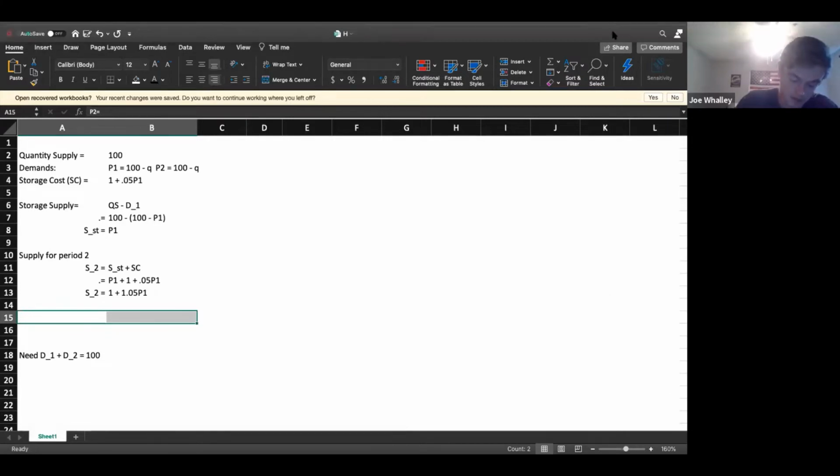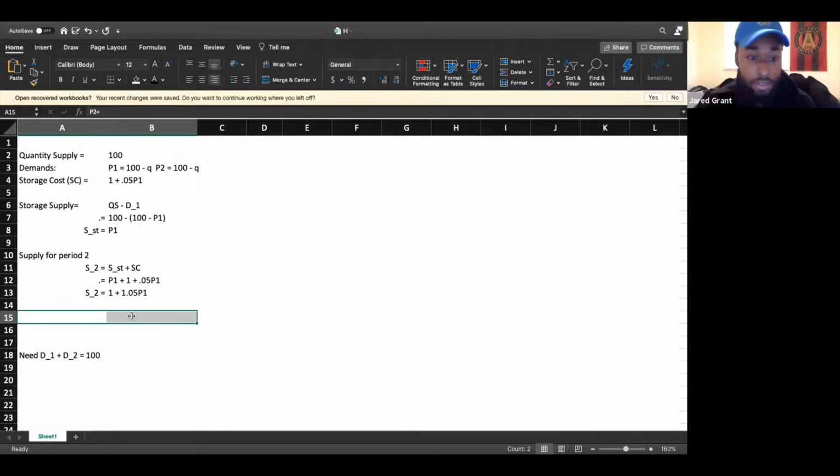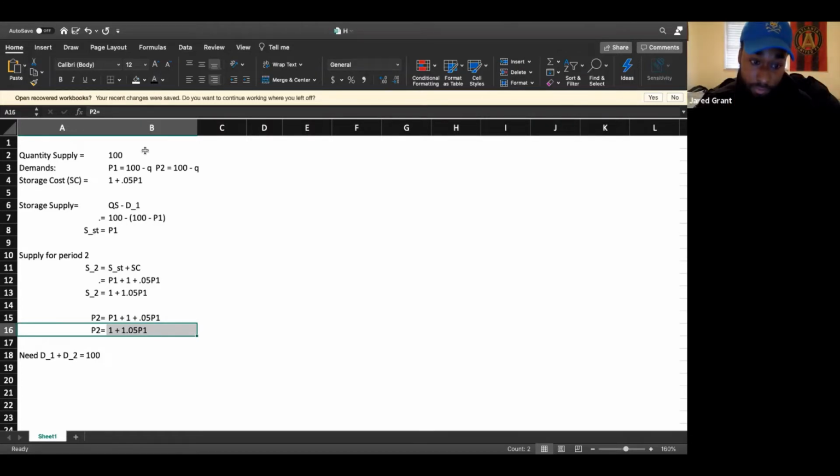Okay, I think I'm seeing some head nods. All right. So yeah, it's just P1 plus 1 plus 0.05 P1. And then doing some more quick math, you're left with 1 plus 1.05 P1. Any questions on that one part?